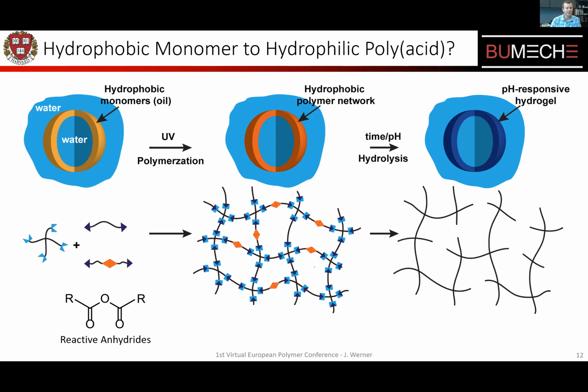So our strategy here was to use these hydrophobic, water-immiscible anhydride monomers and crosslinkers to form a polyanhydride network that we then, without harsh chemical treatment, simply by leaving them in their native water environment, hydrolyze towards polyacid networks in the shell that are then pH responsive.